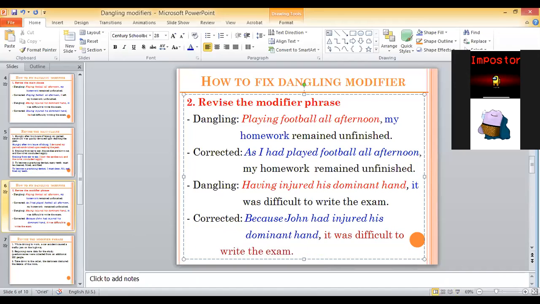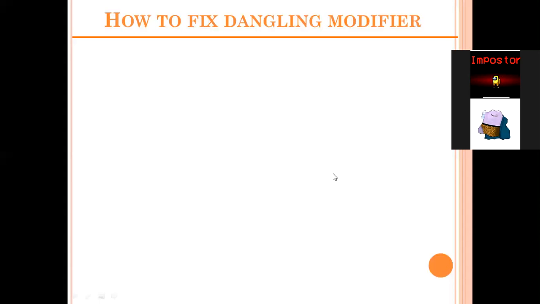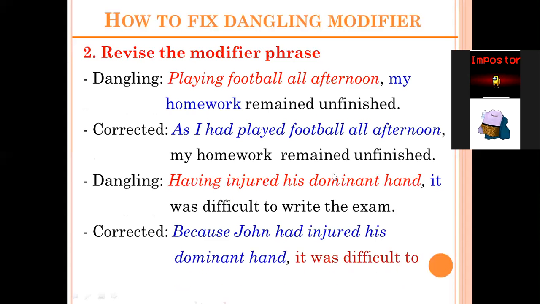So when you write your own sentence, don't make such a mistake. But as I told you earlier, sometimes you make the mistake without realizing it, without knowing that you make the mistake.